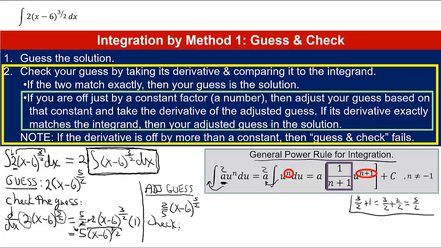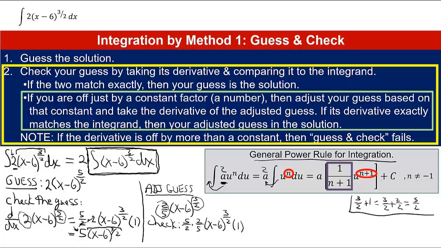In order to check it, we take the derivative. The derivative is the power times the coefficient. That's 5 halves times 2/5. Write the base down, x minus 6. Reduce the power by 1. The 5 halves minus 1, which is 2 halves, becomes 3 halves. And then you take the derivative inside, which is 1.